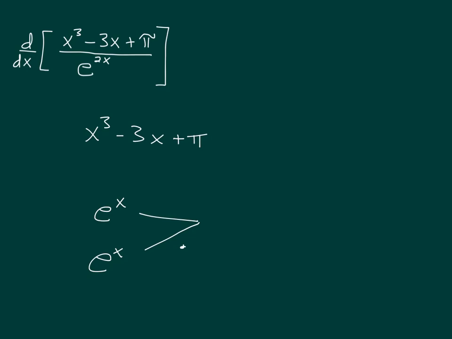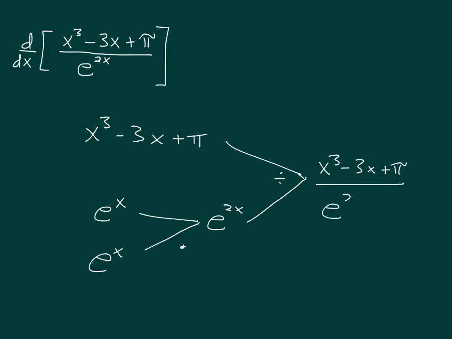Okay? Now in the last step, so this creates e to the 2x, I piece together my numerator and my denominator using a division. So we have x cubed minus 3x plus pi divided by e to the 2x.